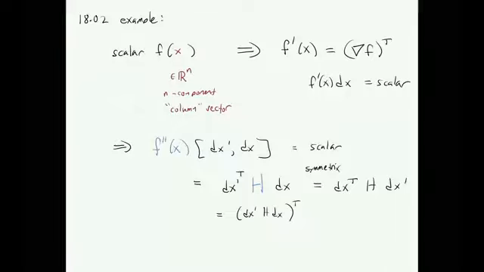This is true for any number. You can always equal the transpose of itself. So that equals dx transpose H transpose dx prime. So these two have to be equal. Right? So you have a symmetric n by n matrix H, which is called the Hessian matrix.